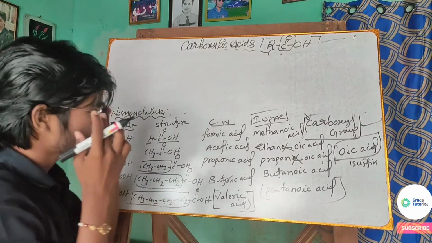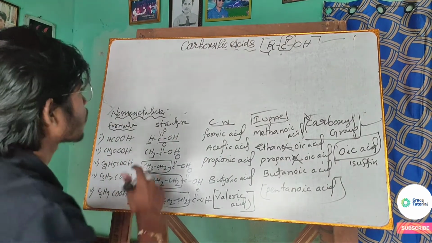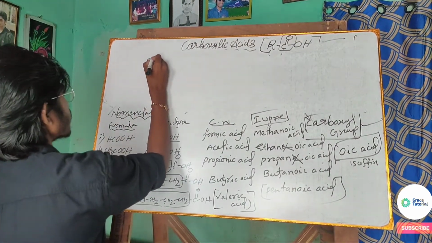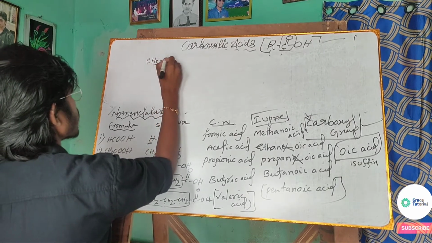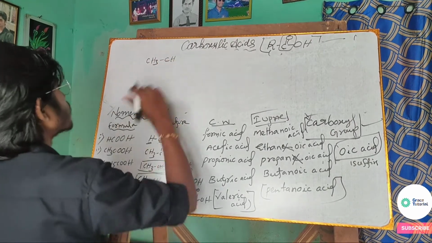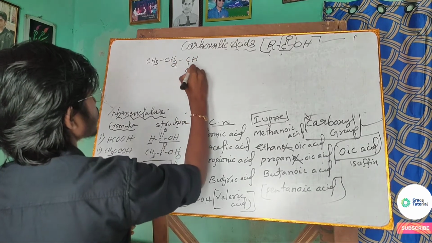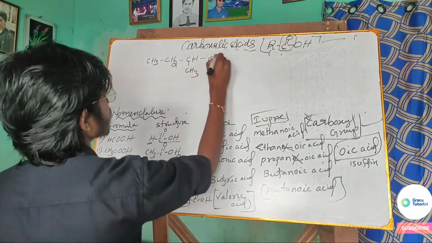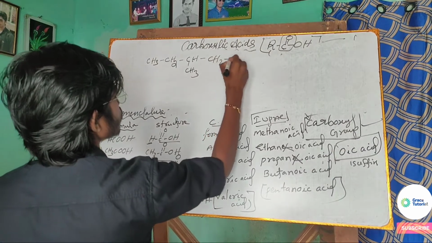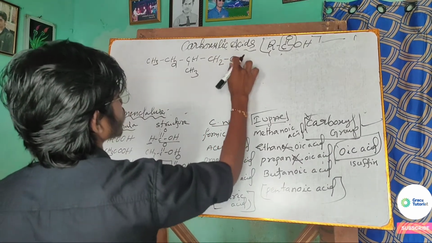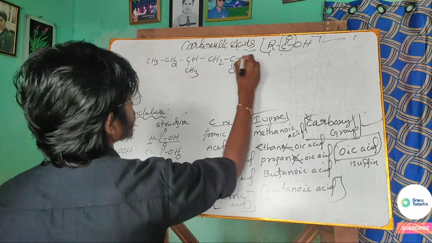Here, look at here. Suppose I write one formula for you, that is CH3 CH2 CH CH2 COOH.